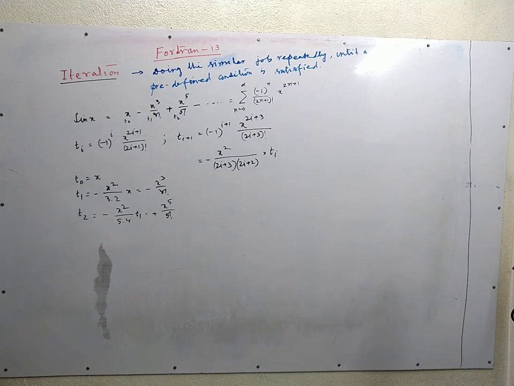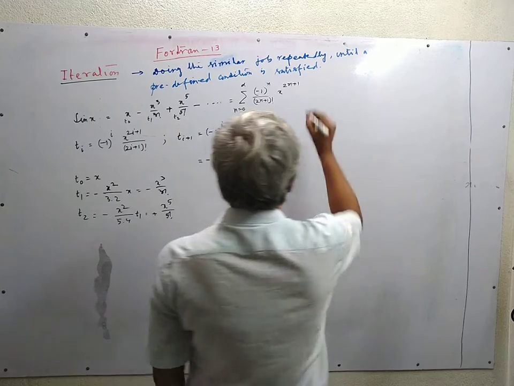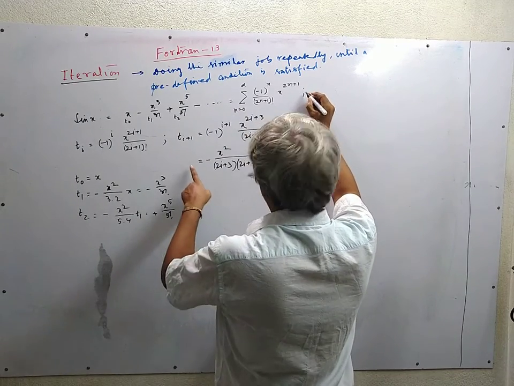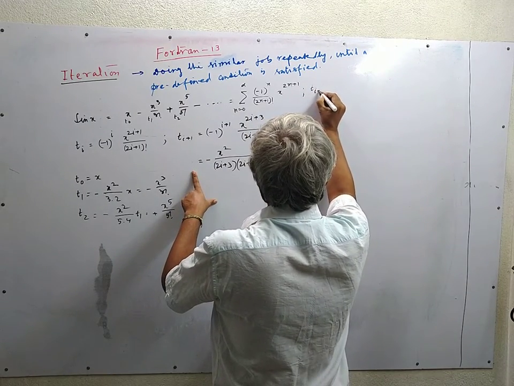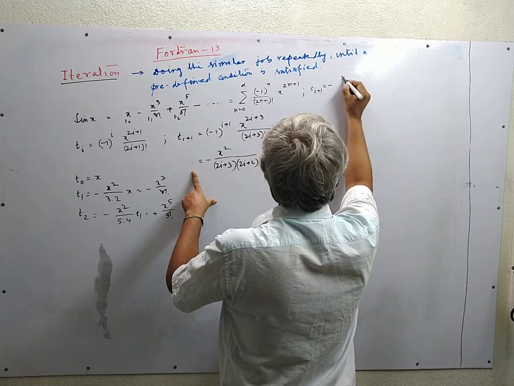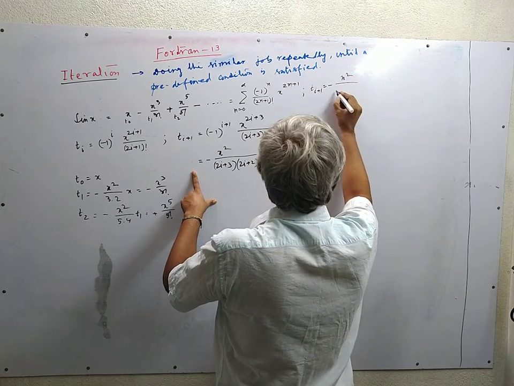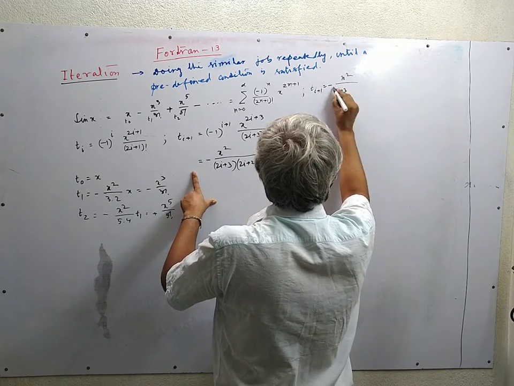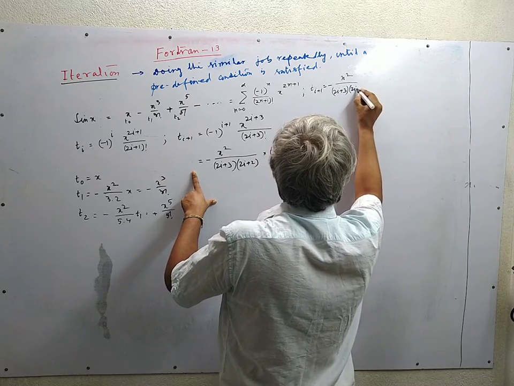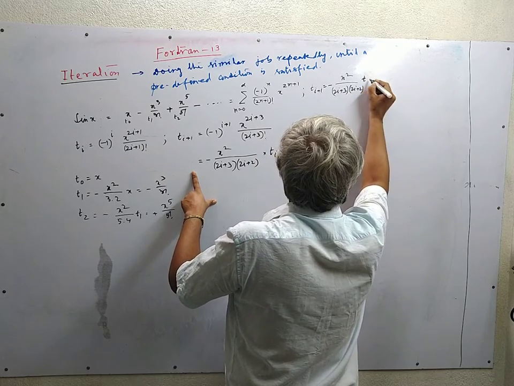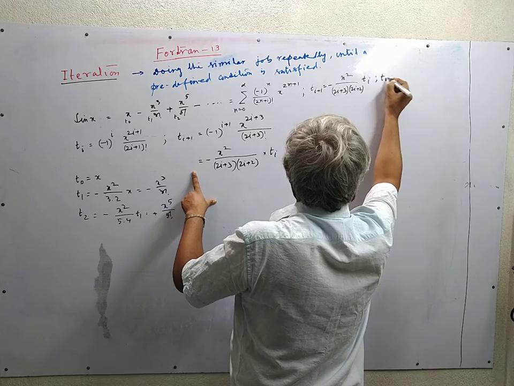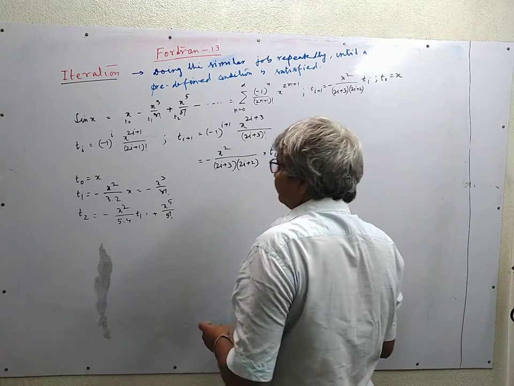So this is a recurrence relation between these two terms. We write this as t(i+1) is equal to minus x square by (2i plus 3)(2i plus 2) times ti, with t0 equal to x.